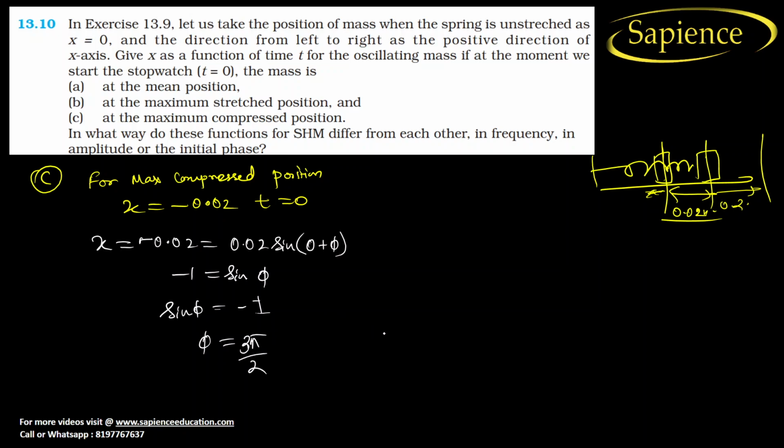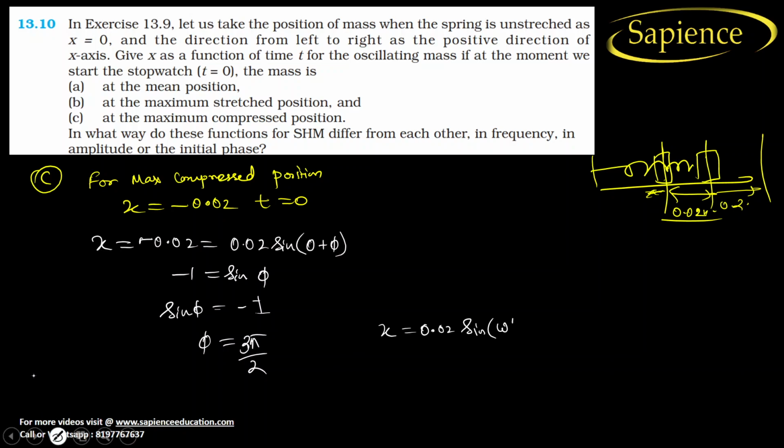Now we can put the values. So x is equal to 0.02 sine 20t.